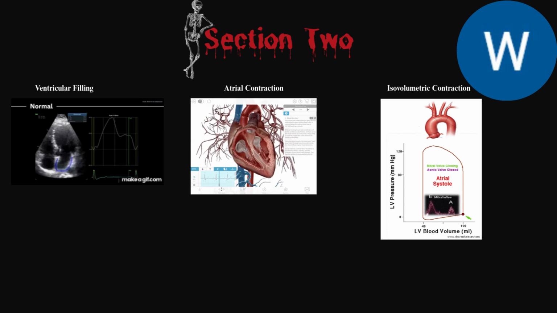The ventricles are squeezing, but the valves haven't opened. So the pressure would rise very, very rapidly, eventually becoming greater than the pressure in the arteries. And then you would hear the heart sound, which is lub. That's when the AV valves snap shut, and then you would see that on the EKG.